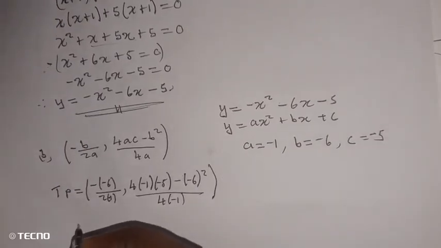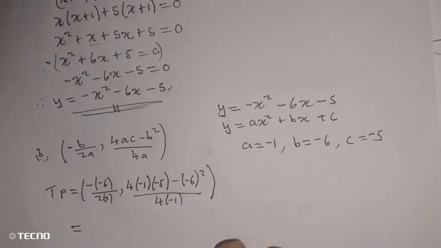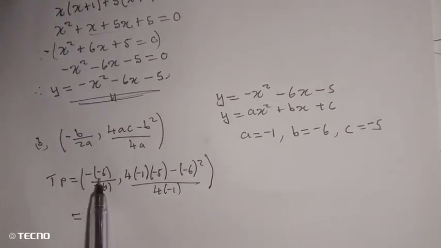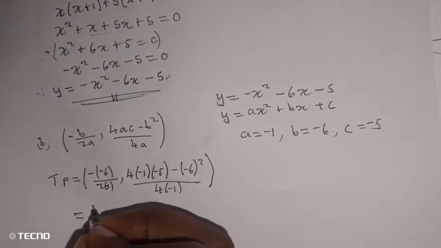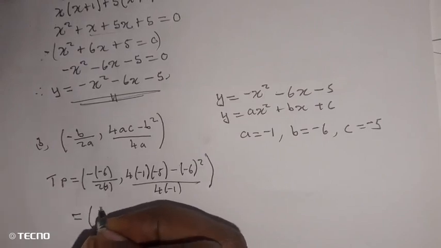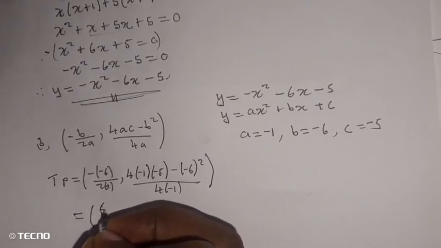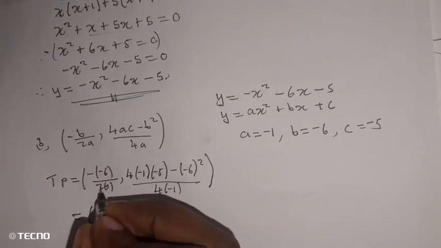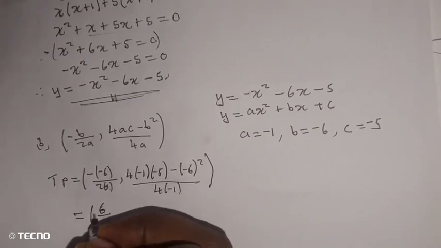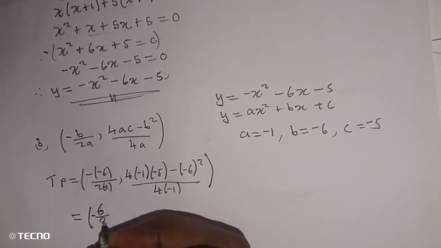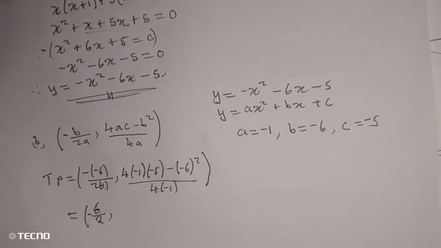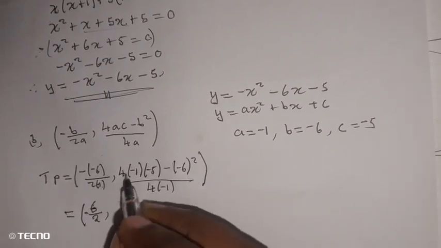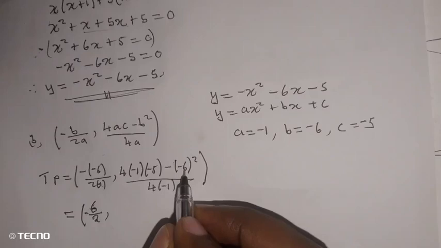So having this, it is just a matter of manipulating this. We don't use a calculator. Remember, negative times negative is positive here. So it's positive 6 over there, and there we are going to have a negative 2. So negative 2 on top, then close bracket. Then here it's 36.